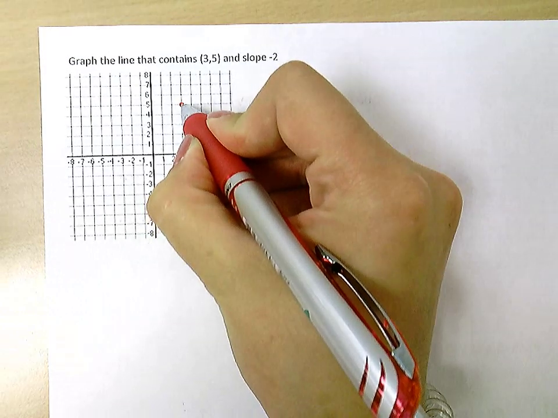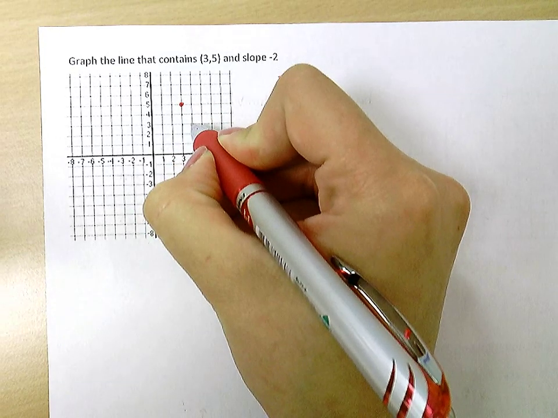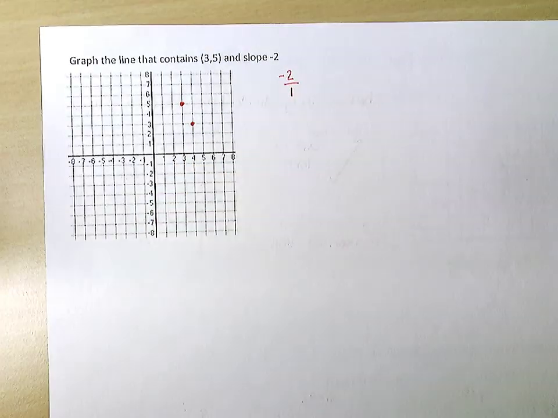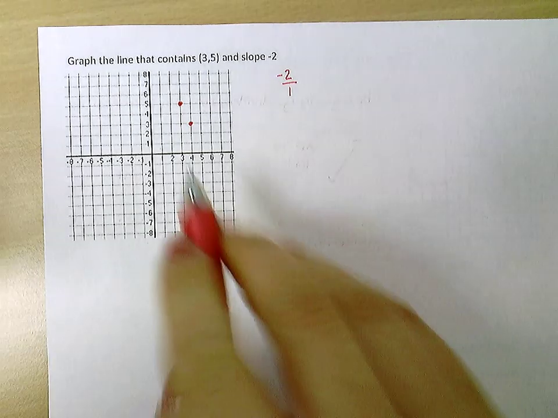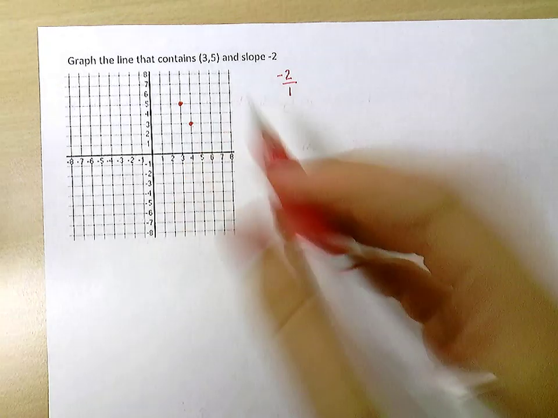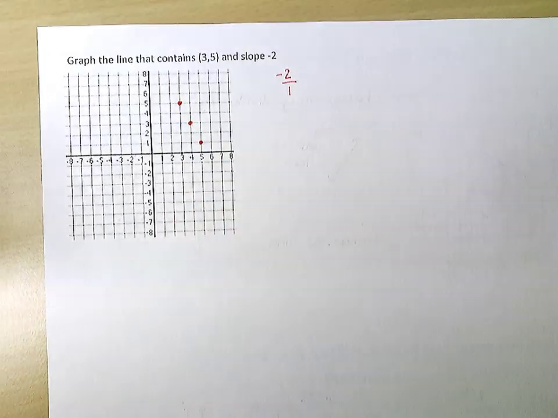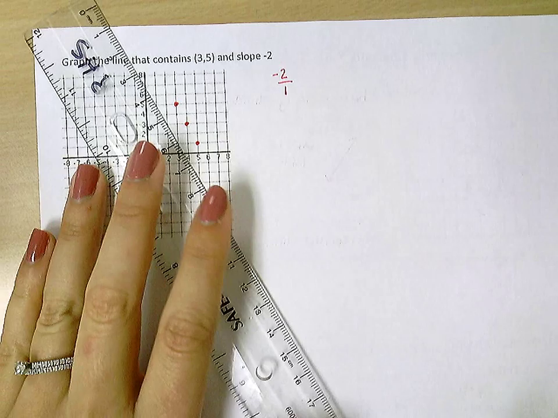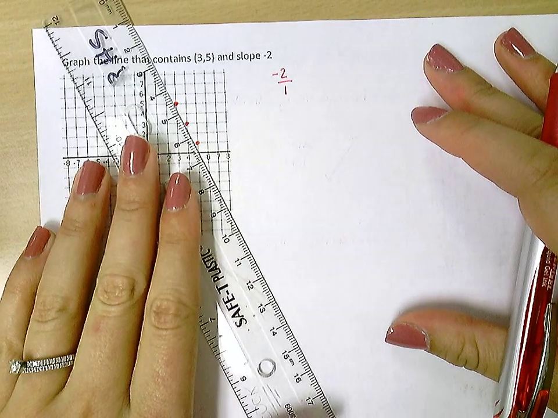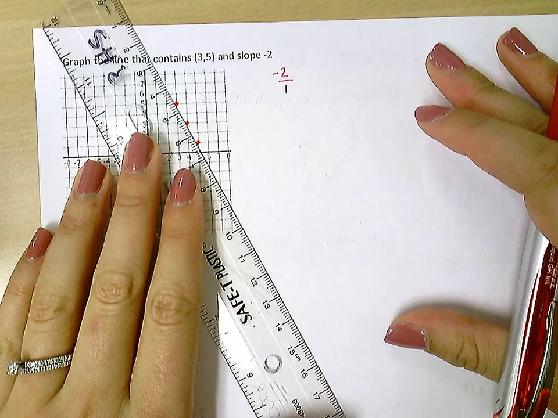From my point, I'll go down 2 units and then right 1 unit to make my next point. I can do that again. If I start from this point now, I can go down 2 units and then right 1. Then all I have to do is take my straight edge and connect those points. If you want to make more points, you can. But honestly, all you need is 2 points to create a line.